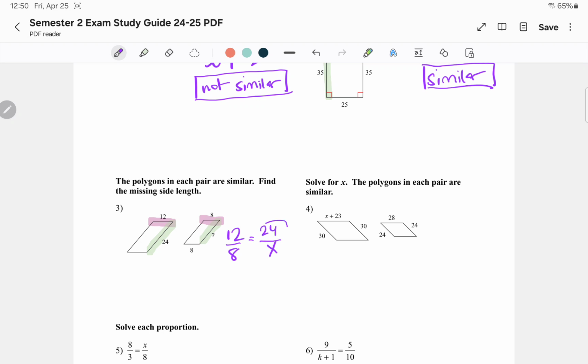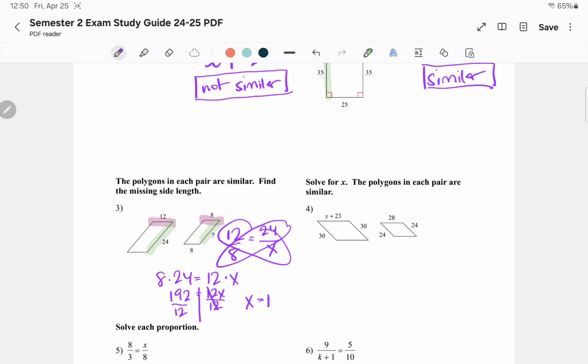Now we're going to butterfly. So 8 times 24 is equal to 12 times x. 8 times 24 is 192. 12 times x is just 12x. I'm going to divide both sides by 12 to get x is equal to 16.